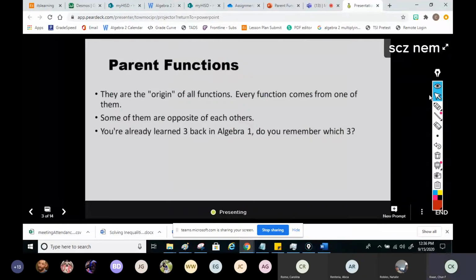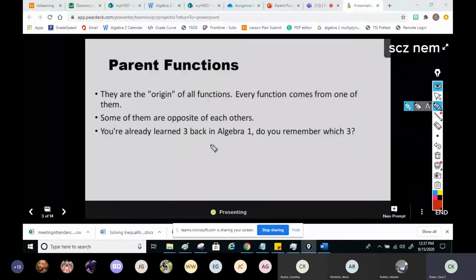There are 8 of those, and we'll take a look at all 8 of them and how they work. Okay, and then some of them are opposites of each other. So technically speaking, you don't really have to learn 8. Some of them are like opposites. So if you know one, you will know the other one. And then another good news, you have already learned 3 of them back in Algebra 1. Do you remember which 3 you have learned in Algebra 1?